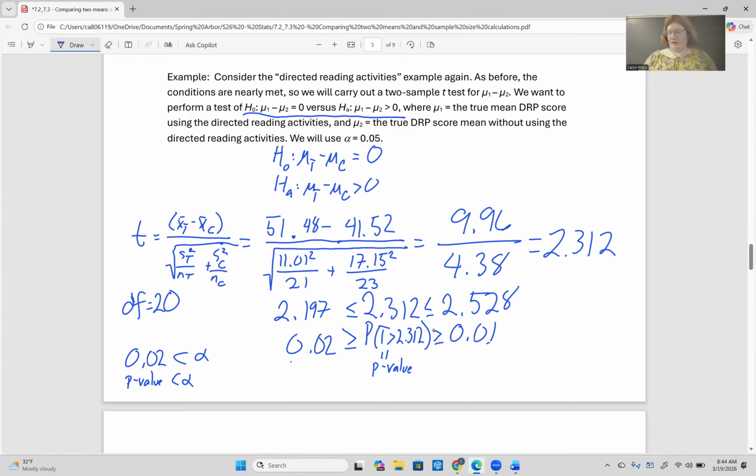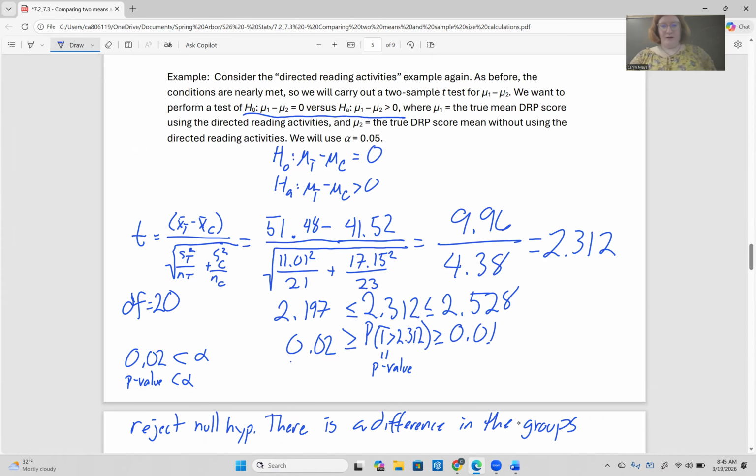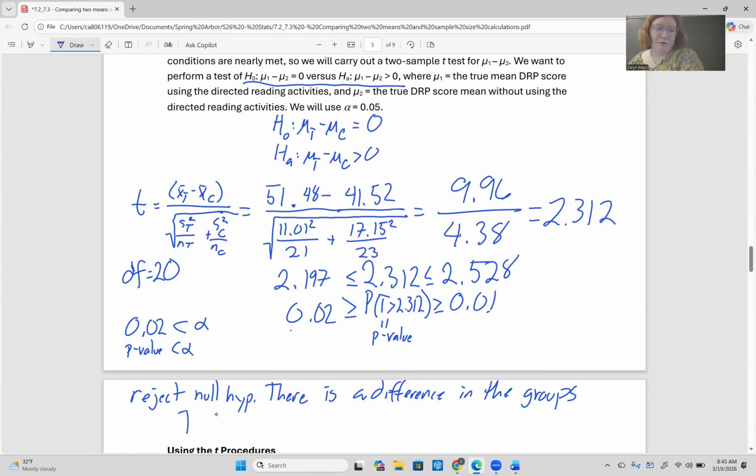So we reject the null hypothesis. Specifically the treatment group scores better than the control.